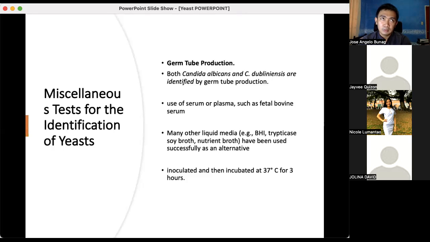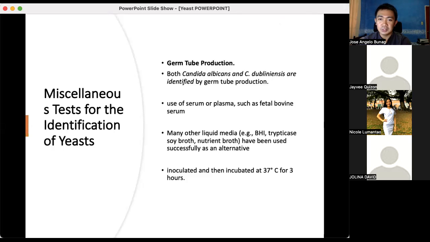Germ tube is actually considered a rapid test. To be specific, a rapid presumptive test in the identification of Candida species.